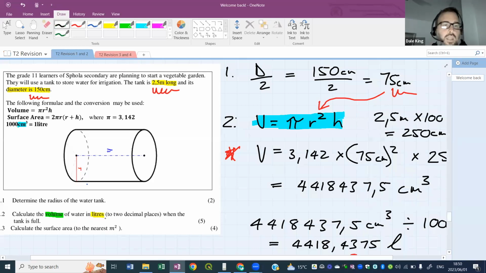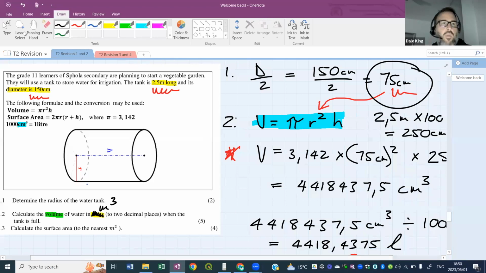That could have been meters cubed. Then what would you do? Well, then you'd go to your radius, which is in centimeters, up here on the right-hand side. That would have to change to meters before we put it into the formula, because we want all meters units in our formula.